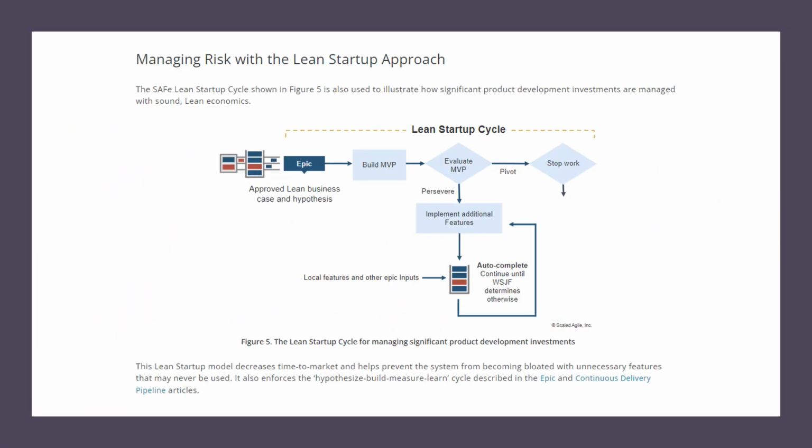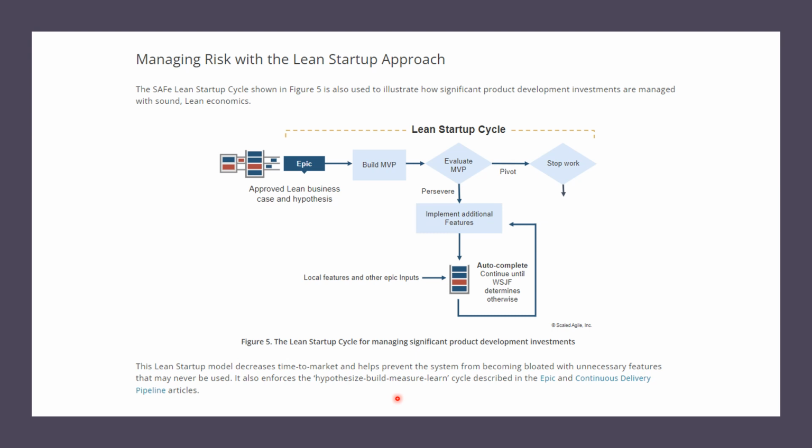Managing risk with the lean startup approach. The SAFe lean startup cycle shown in this picture is also used to illustrate how significant product development investments are managed with sound lean economics. This lean startup model decreases the time to market and helps prevent the system from becoming bloated with unnecessary features that may never be used.